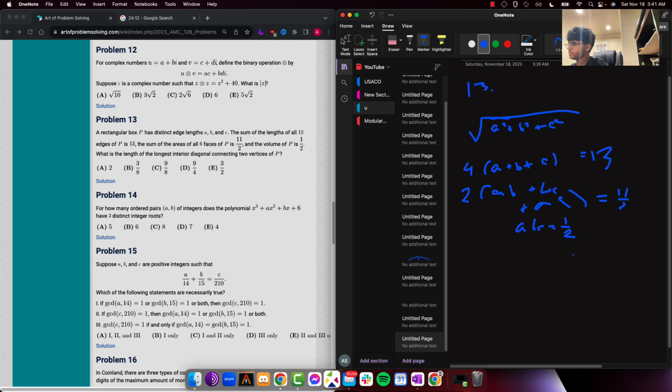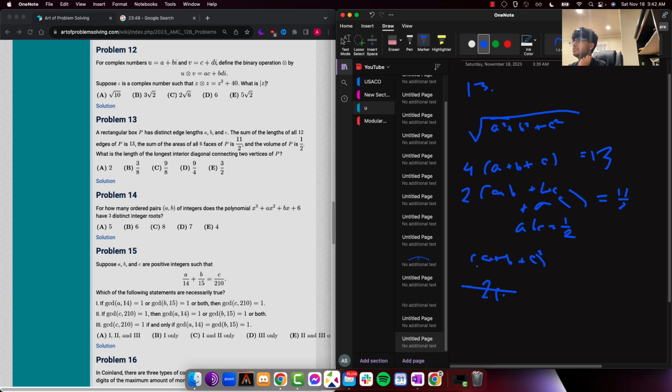So when we square this, we do A plus B plus C squared, and then all of the unwanted terms will be 2 times AB plus BC plus AC, which we already have actually, so we can just do this.